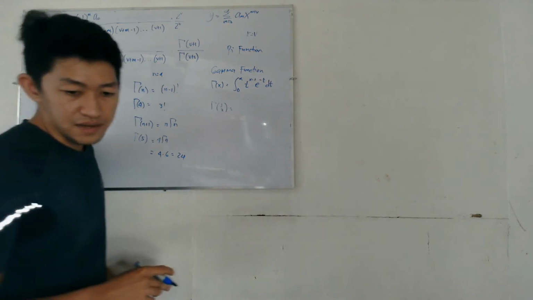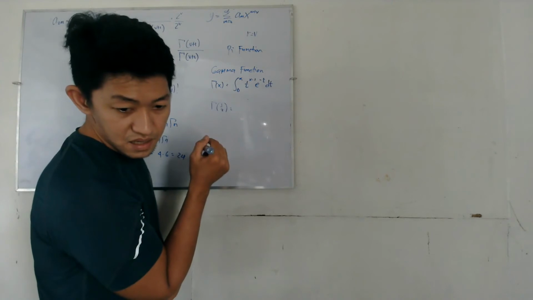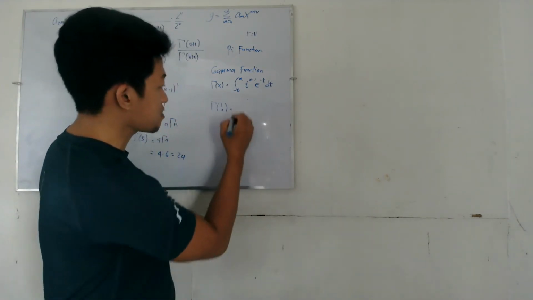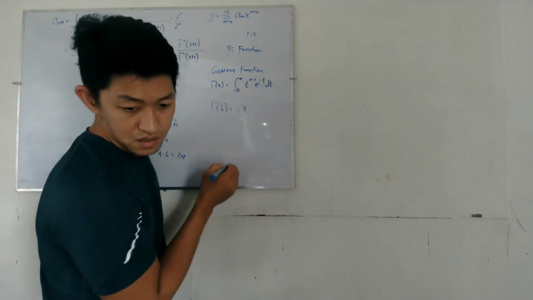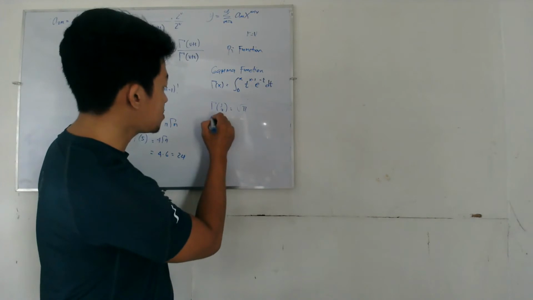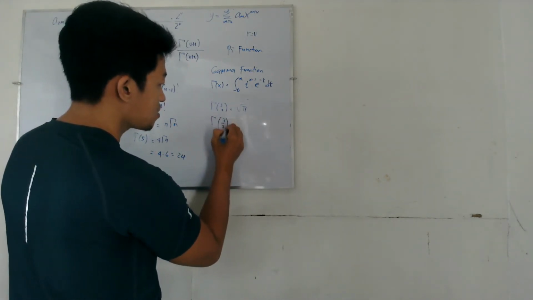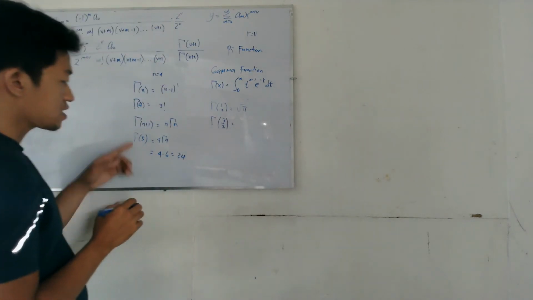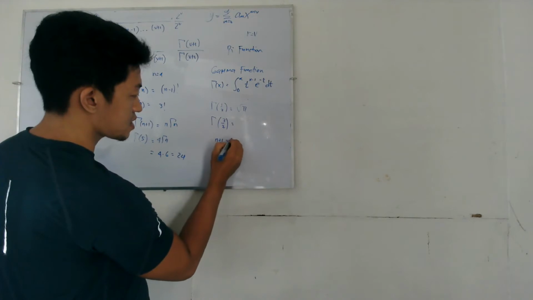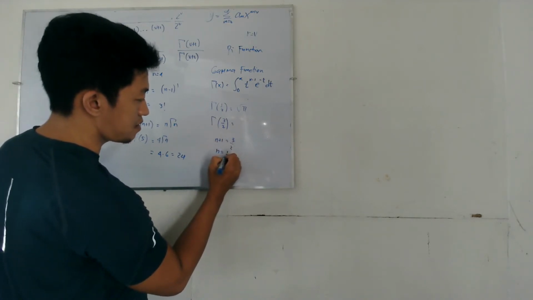For example, gamma of 1/2. Again, you can substitute here to solve it. This is just equal to square root of pi. For gamma of 3 over 2, n plus 1 is 3 over 2, so n is 1/2.